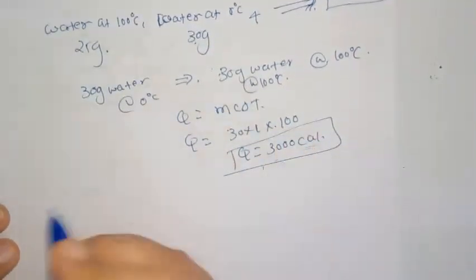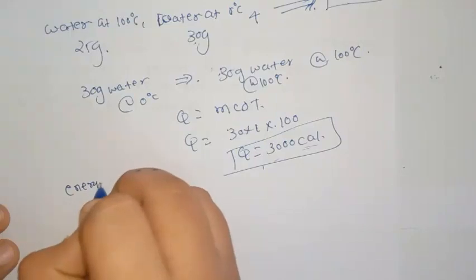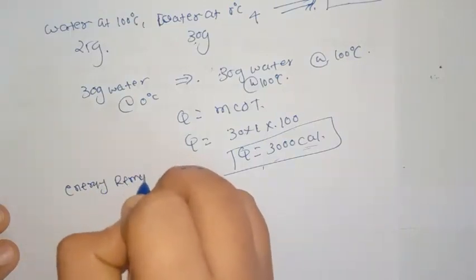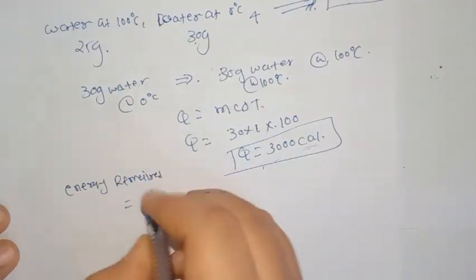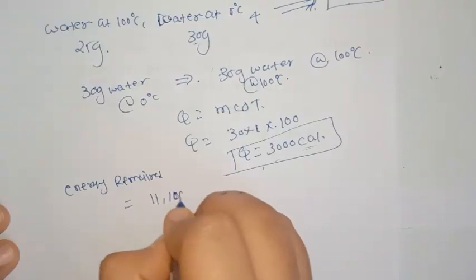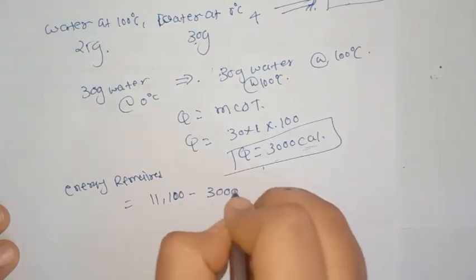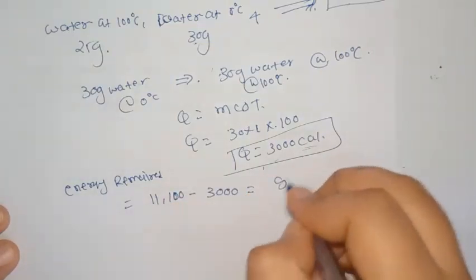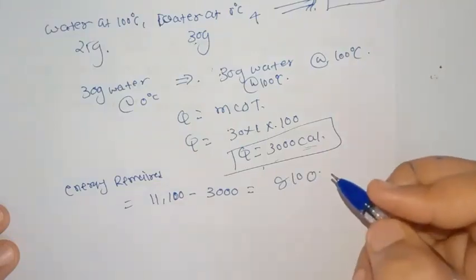So now energy remained will be 11,100 minus 3000, that will be equal to 8,100.